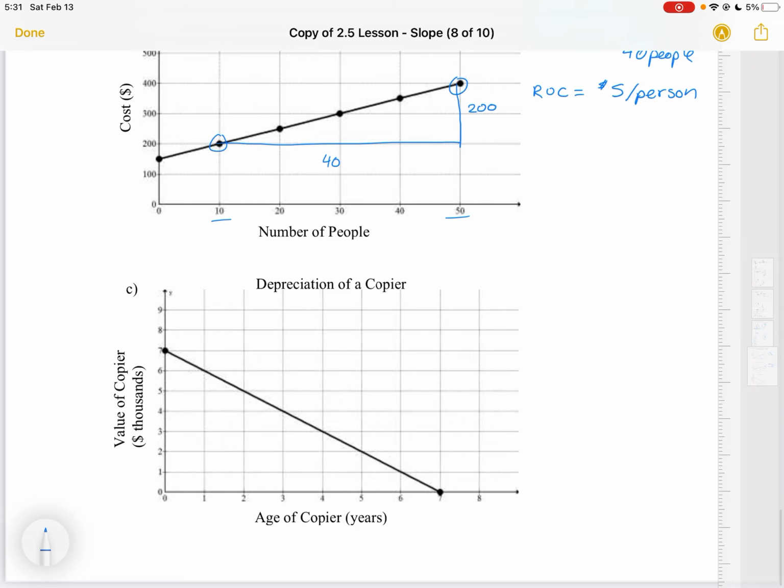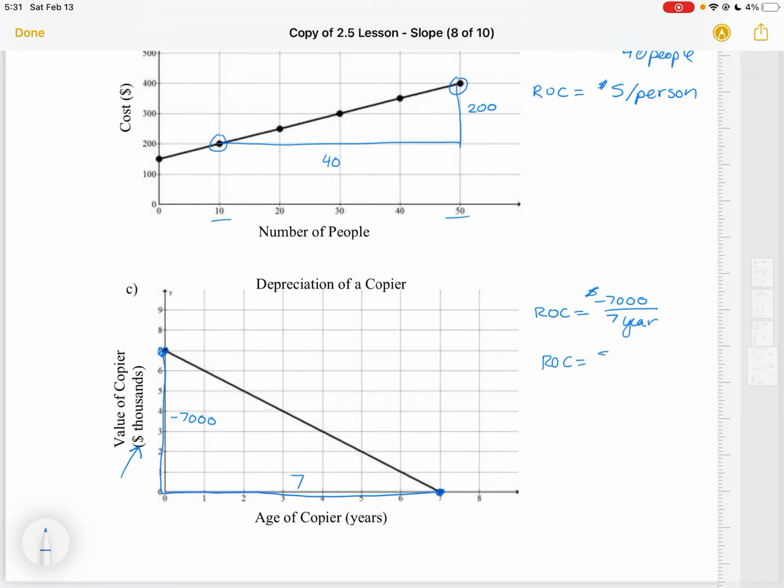Finally, we're going to do an example that has a negative slope. And here I'm just going to use the rate triangle from my beginning to end point because those ones are nice and easy to read. So my run is 7, and my rise is actually minus 7,000, which I can get from looking at the labels on my axes. So my rate of change is my rise over my run, and my rise is in dollars, and my run is in years.